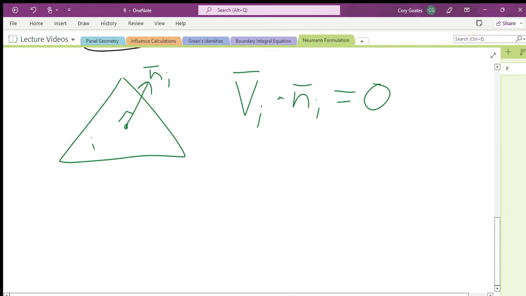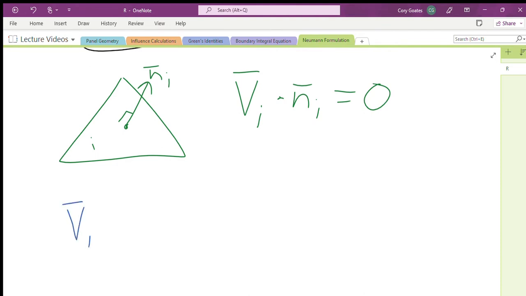Like we looked at when superimposing any kind of elementary potential flow, V sub I is just the summation of all of our induced velocities based on our potential flows. So we've got a free stream component. Let's say V sub I is equal to V infinity plus, and then, well, panel 1 has some doublet strength, and it's going to induce a velocity on this panel.